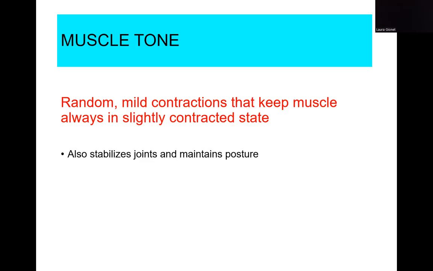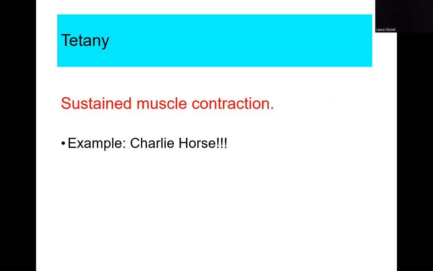There's always a certain amount of contraction there. And it rotates through different areas. One area will contract and then relax, and another area will have a mild contraction and relax. That's what we mean by muscle tone: a slight amount of contraction occurring in these muscles.